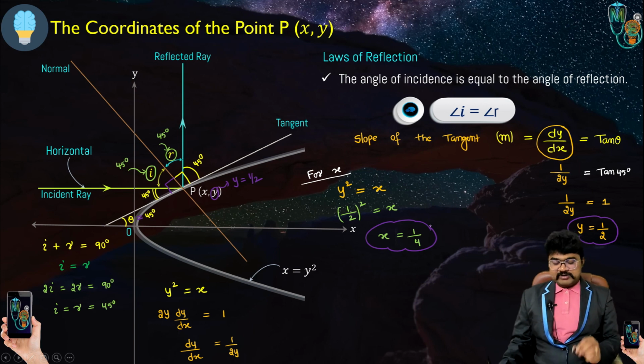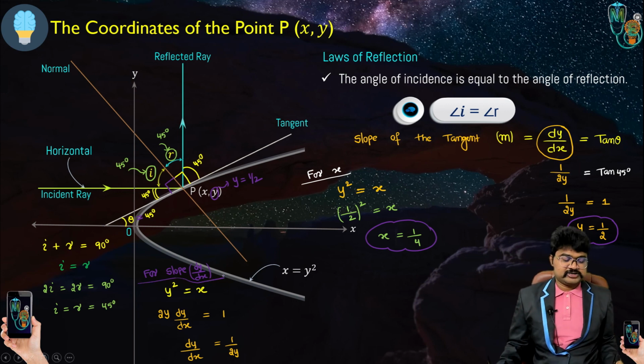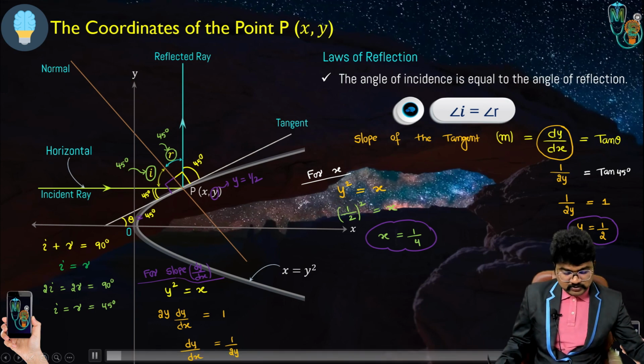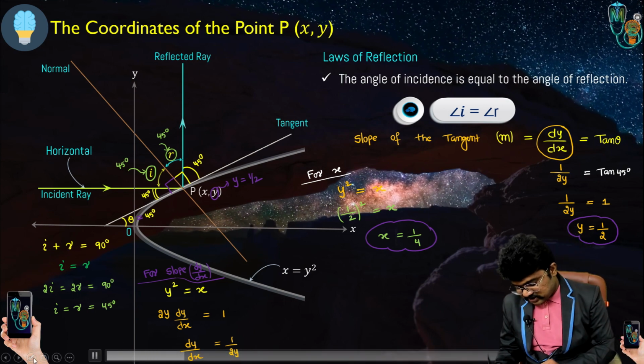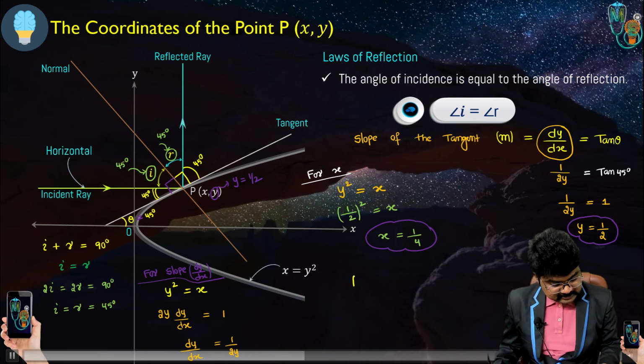Understood? Dy by dx is for the slope. What is the slope? Dy by dx. So in order to calculate the slope, we need to differentiate on both sides. What is the final point P?